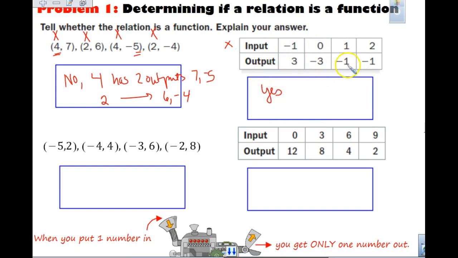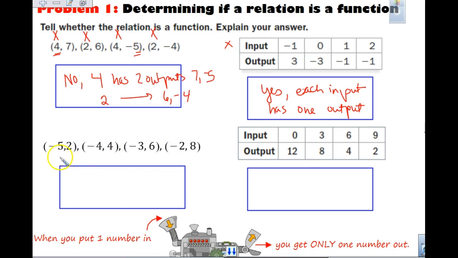Yes. Does it matter that these 2 outputs are both -1? No. Our explanation is going to be each input has 1 output. So when you do your homework, you want to get used to writing that.